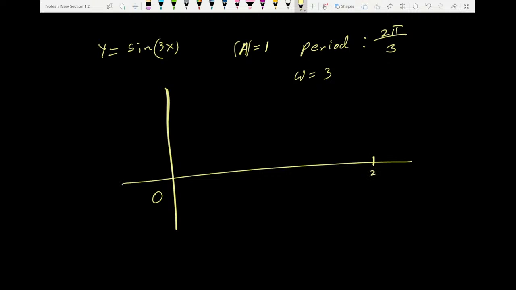So it goes from 0 to 2 pi over 3. How do I find the halfway point between 0 and 2 pi over 3? You add 2 pi over 3 to the starting point, then you divide by 2. And that will give you 2 pi over 6, or pi over 3.